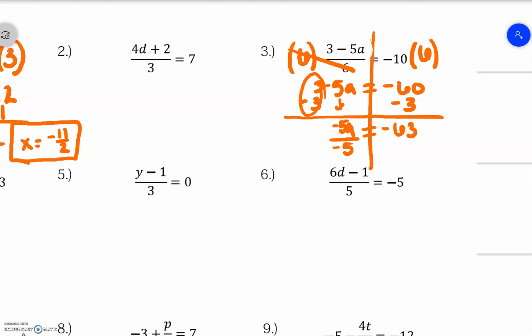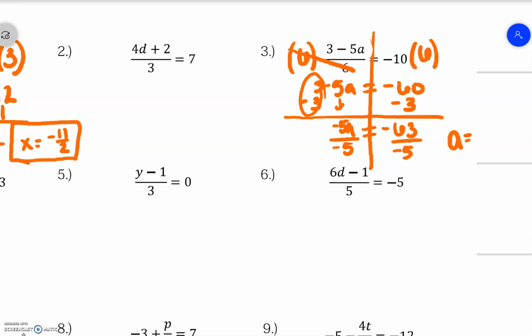Divide by negative 5. Why did I divide instead of add, subtract, or multiply? Right, because negative 5 and a are being multiplied together, so I have to do the opposite of multiplication, which would be division. So I'm going to write my answer off to the side here.